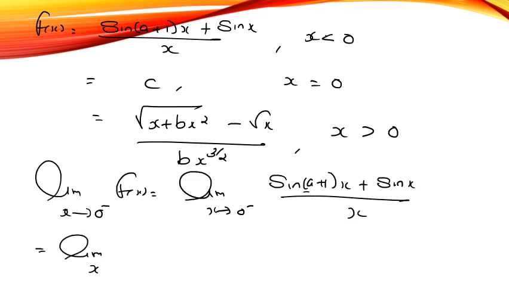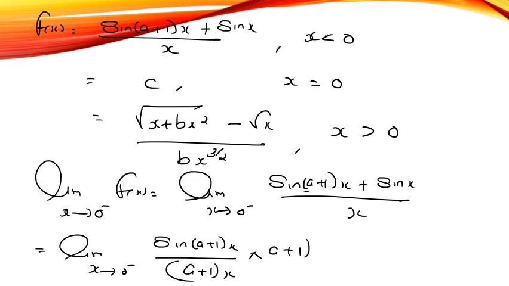Which is limit x tends to 0 minus of sin((a plus 1)x) by ((a plus 1)x), multiplied by (a plus 1), plus sin x by x. So 1 into (a plus 1) plus 1. So what is the answer? A plus 2.